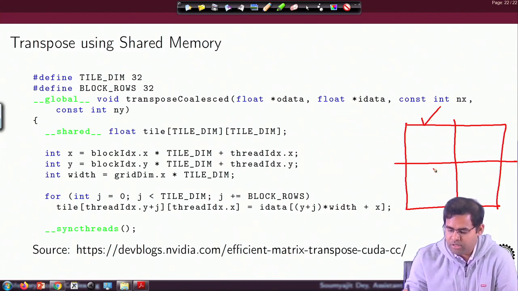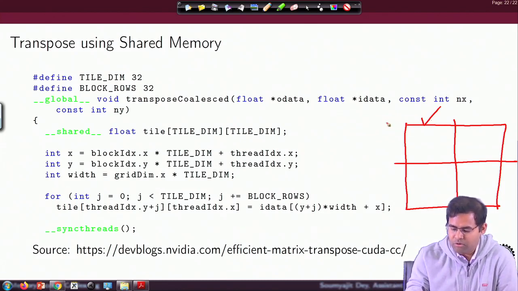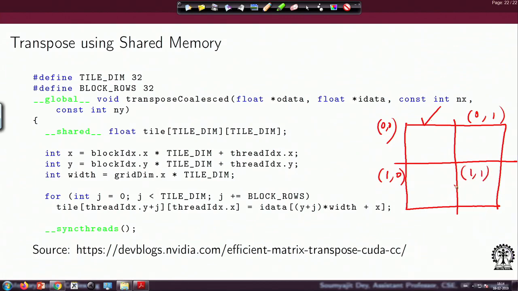So consider for example here, this is a block with ID 00, block with ID 01, block with ID 10, block with ID 11, right. I have the blockIdx.x increasing this way and blockIdx.y increasing this way, and again inside the block I have threadIdx.x increasing this way and threadIdx.y increasing this way.